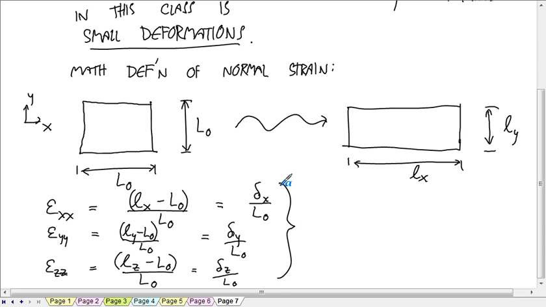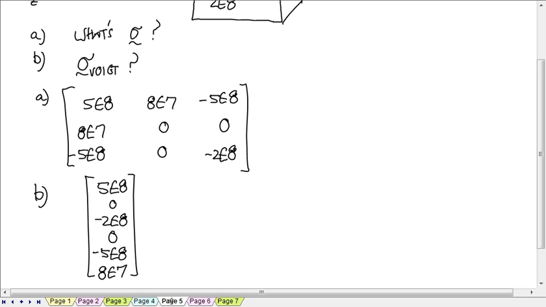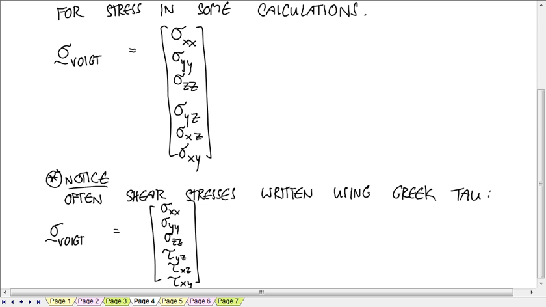Notice that with this definition, if you get a positive value for one of these normal strains, is the length increasing or decreasing? Yep, the length has to be increasing to get a positive value. It has to be decreasing to get a negative value. And look back at the definition of the normal stresses.